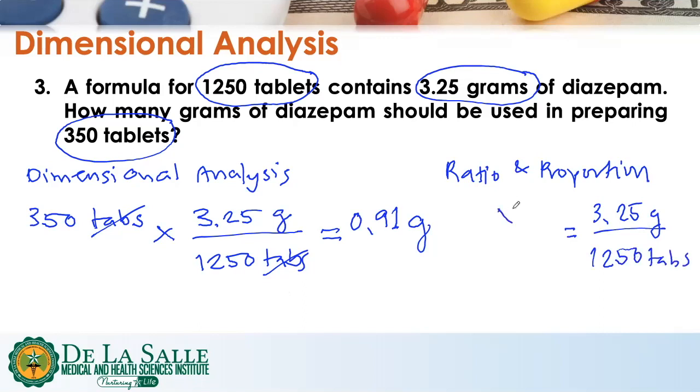Now we are asked to determine how many grams of diazepam X can be found in 350 tablets. Performing cross multiplication, or multiplying both quantities on the left side of the expression and on the right side of the equation by 350, we get the value that is 0.91 gram.